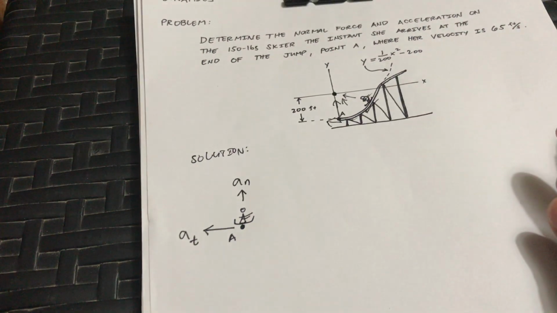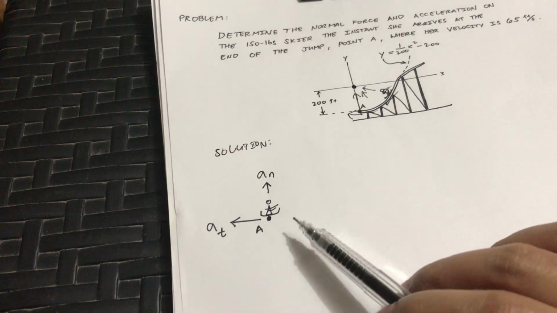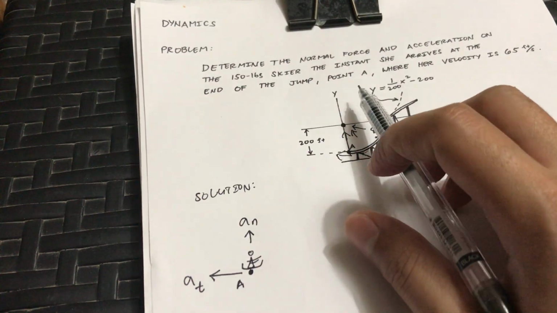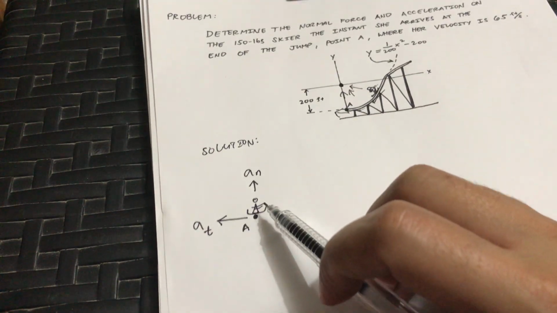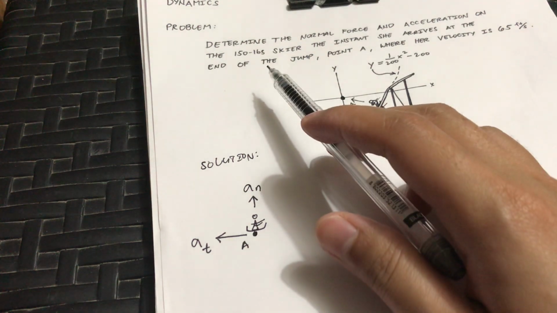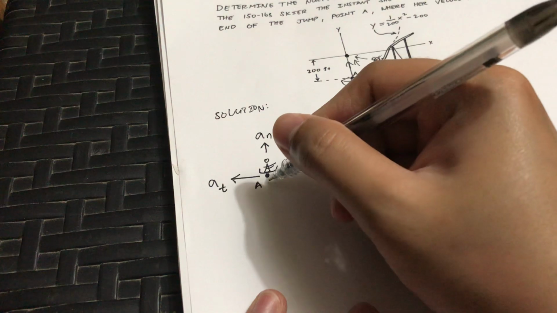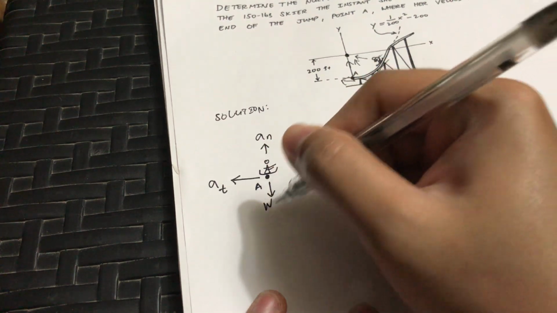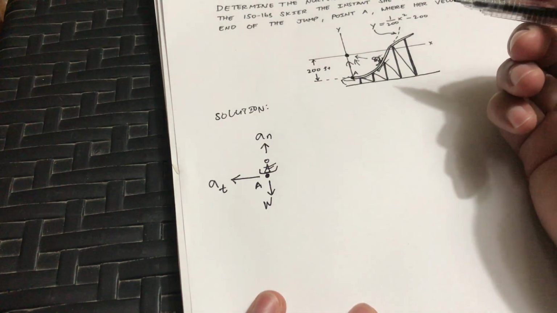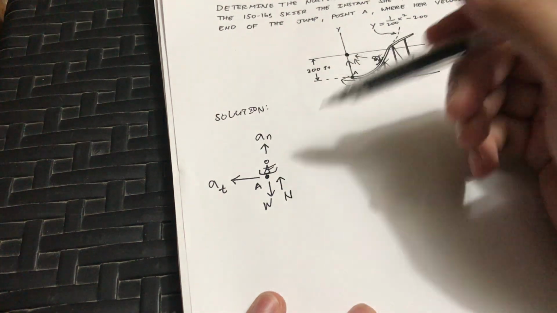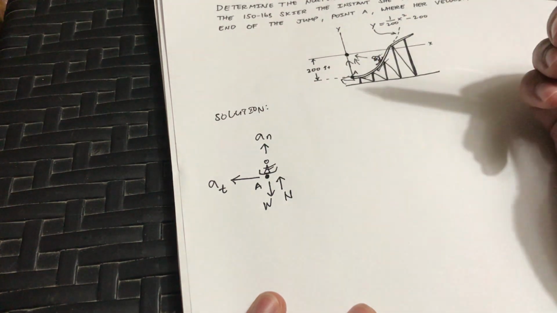Next, what about the forces? The question is, there's a normal force at point A. Therefore, our person has mass, so the weight of the person will be applied here. And the question is the normal force exerted by the platform on the skier.